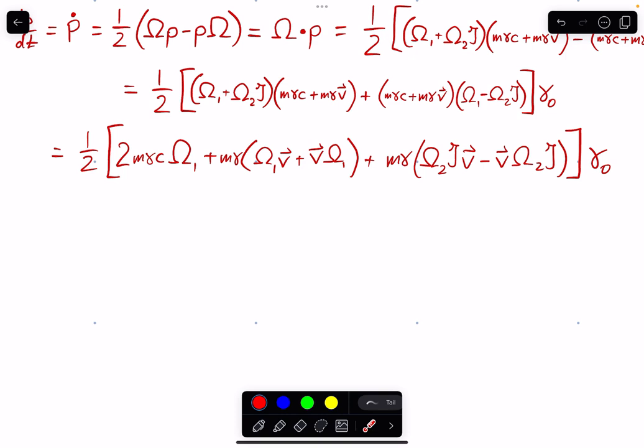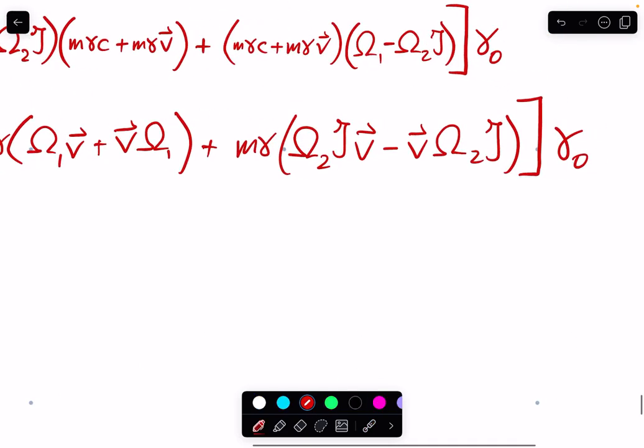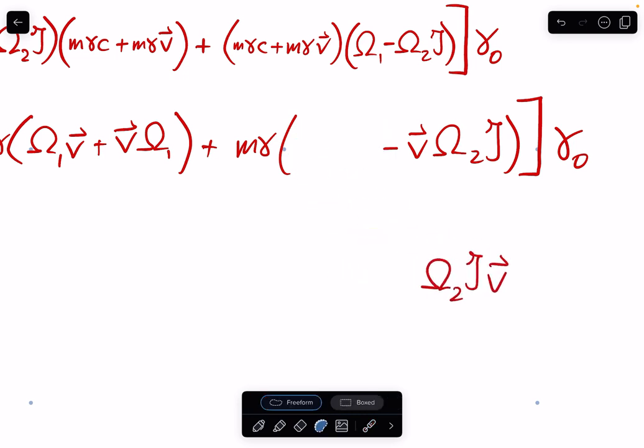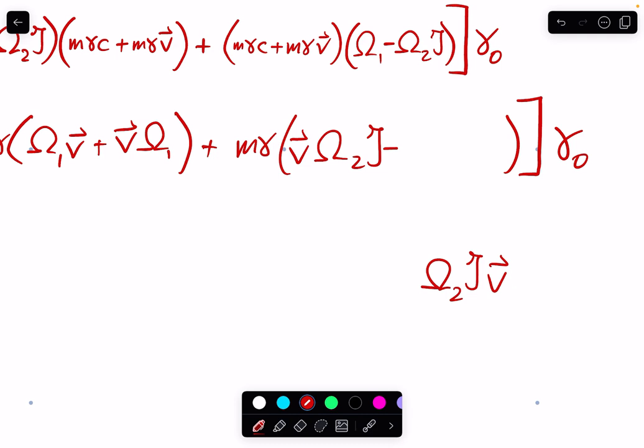Now we can switch. What I'll do is I'll switch this around. So this will just be equivalent to having a minus sign. So if I put a minus sign in front of everything, then this becomes inverse, inverse, minus.